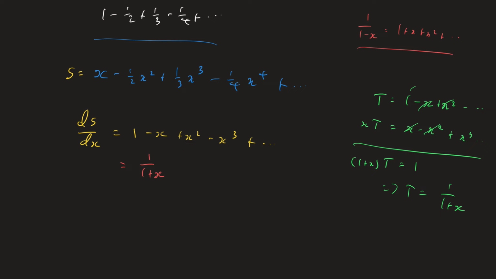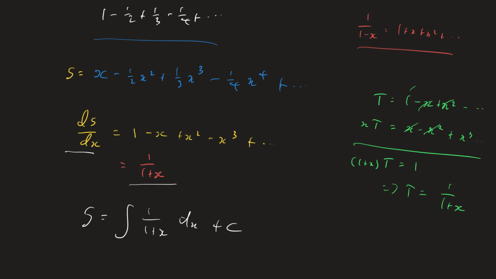Nevertheless, we can show that what we're doing here is certainly true if the absolute value of x is less than 1, and earlier we showed that this particular alternating sequence converged. If the derivative of s is equal to 1 on 1 plus x, then s itself must be equal to the integral of 1 on 1 plus x dx plus an appropriate constant of integration.